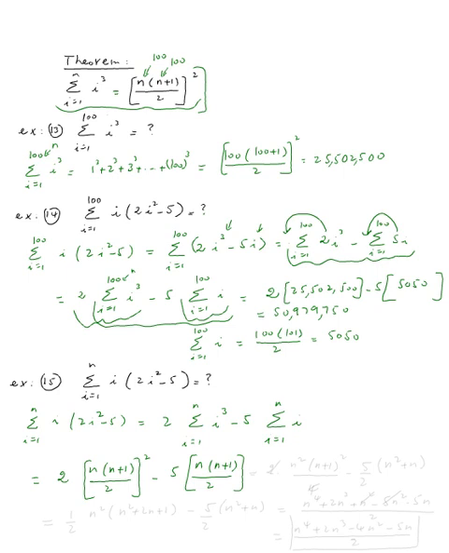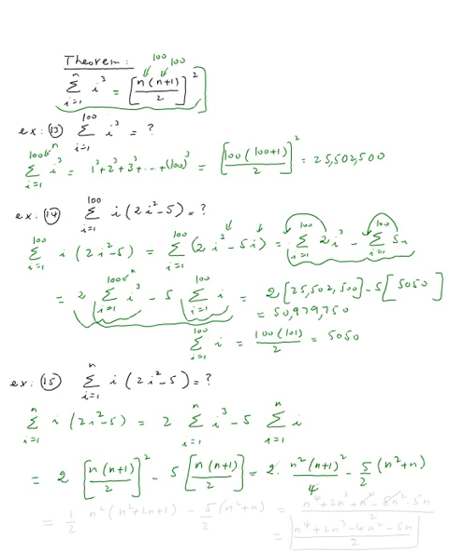Now all we need to do here is rewrite this. So this is going to be equal to, I'm going to square that, so n squared times n plus 1 squared over 2 squared, which is 4, minus 5 over 2. And I'm going to distribute, I'll get n squared plus n.